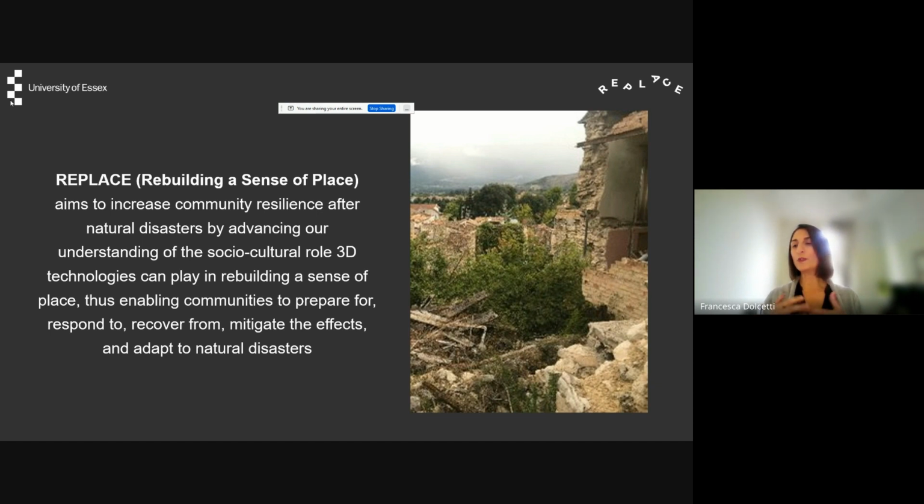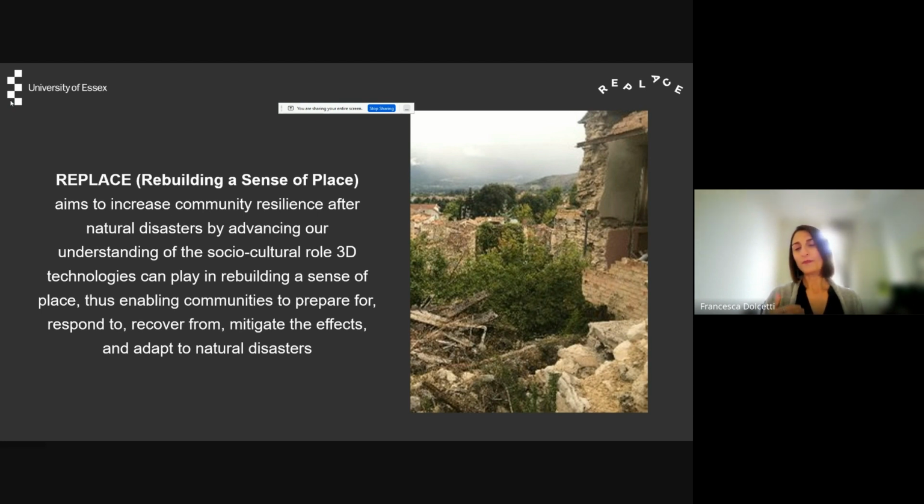Because we believe that through this understanding, communities can better equip themselves to prepare for, respond to, recover from, and adapt to natural catastrophes, encompassing all the main phases of what is called the hazard management cycle, that are basically response, recovery, mitigation, adaptation, and preparedness.